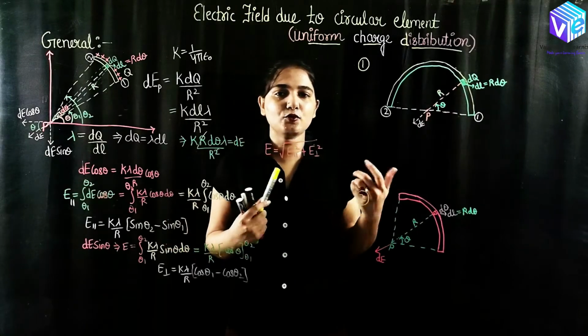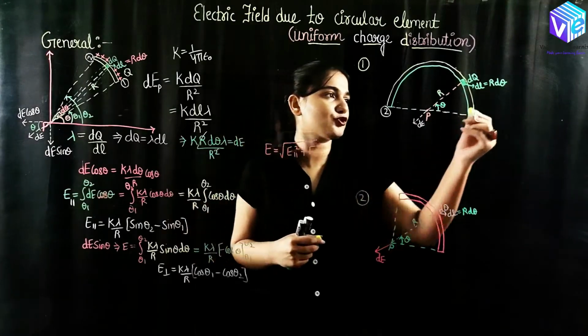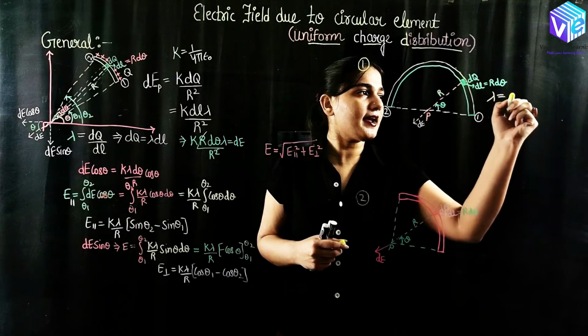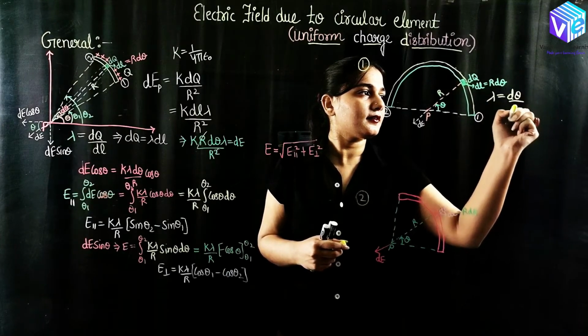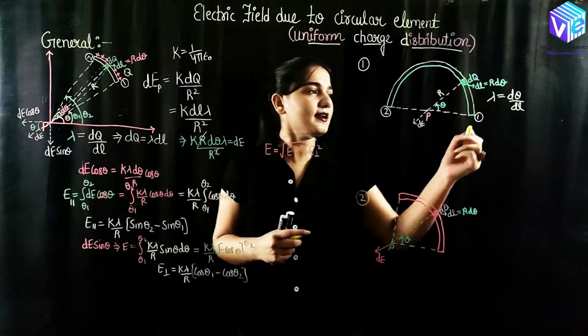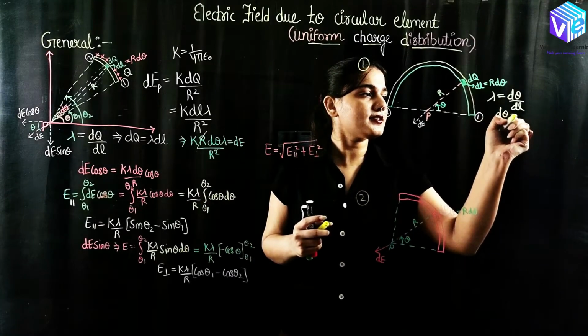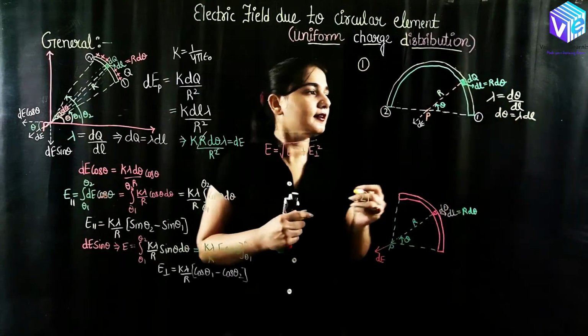We are again supposing that we have uniform charge distribution. And what is lambda? Lambda is dq upon dl. So I can say dq is lambda dl.